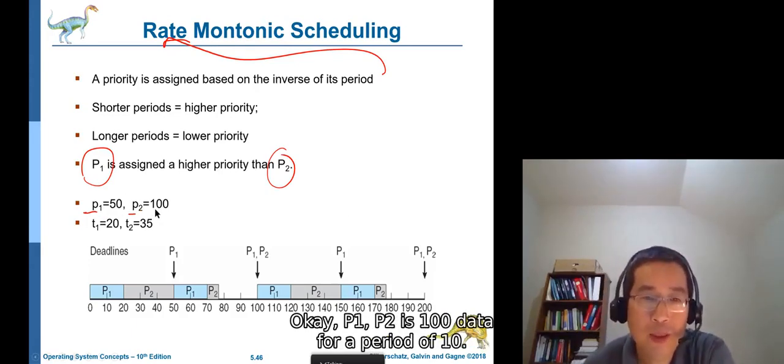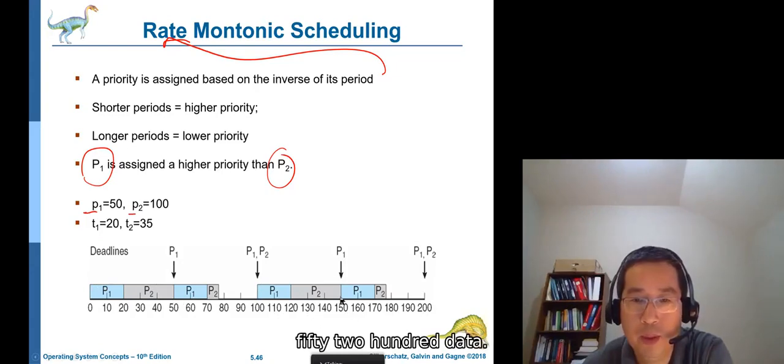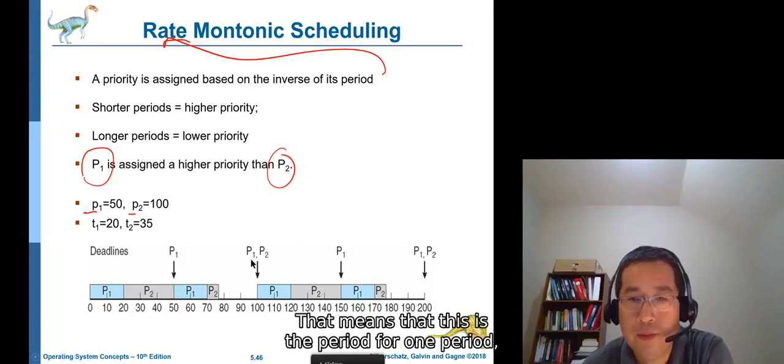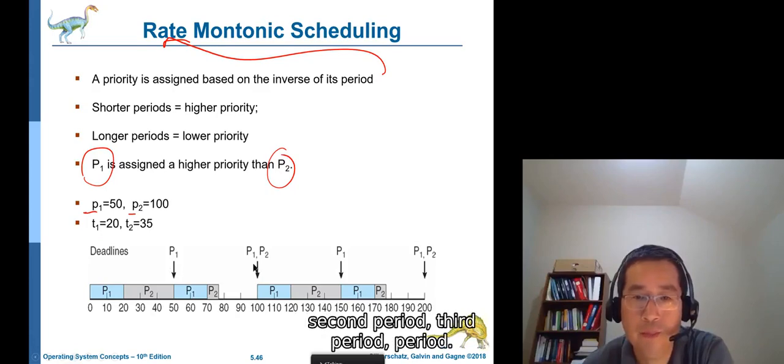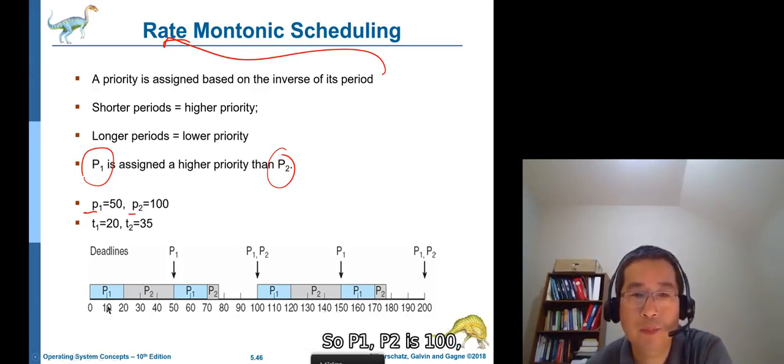P1 is 50, P2 is 100. That's for the period. Then you can just write the periods first: 50, 100, 150, 200. That will be the P1 periods. That means this is the first period for P1, another second period, third period, fourth period. And for P2 it is 100, which means double the period.